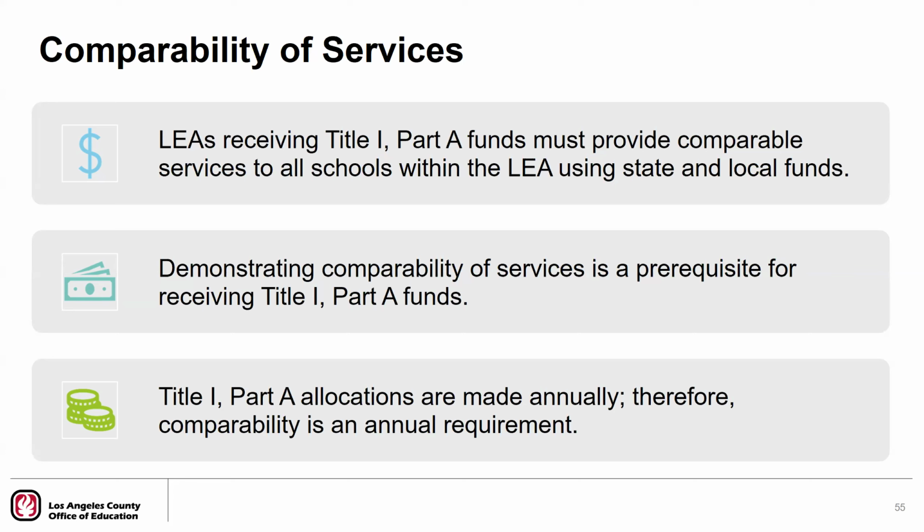Now, comparability calculations are completed annually at the district level and on a school-by-school basis. The calculations must also be done in a timely manner to ensure that all schools are in a comparable position and to allow the district to make any needed adjustments with the least amount of disruption in order to avoid the loss of Title I Part A funding.